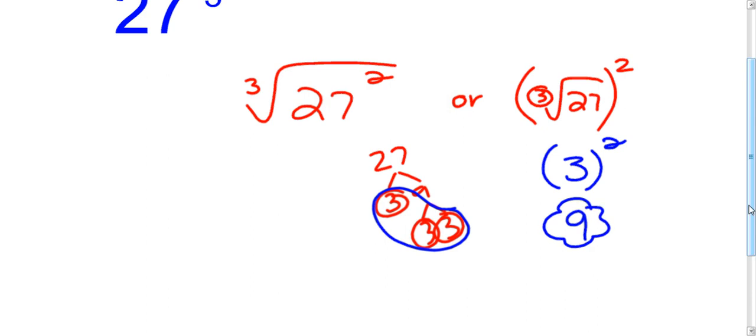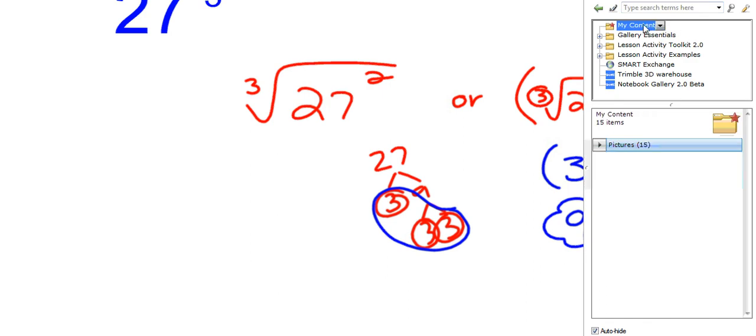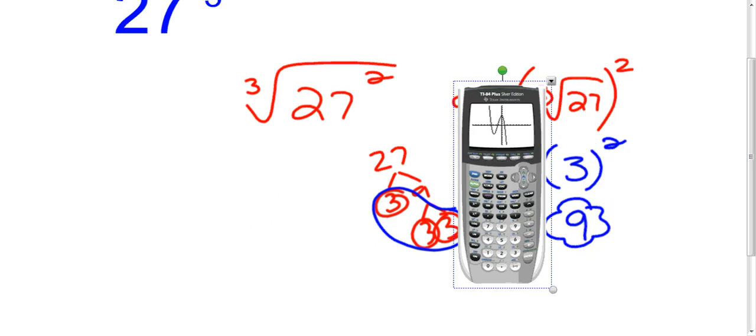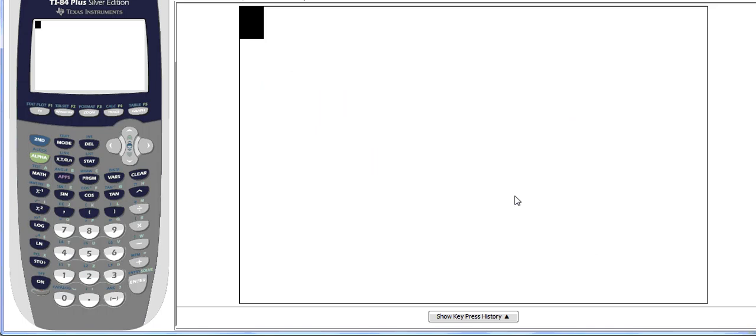Also, if you don't know what the cube root of 27 is, I will show you how to do this on your calculator here. Hopefully you know that 3 times 3 times 3 makes 27. There's some number to the 3rd power that makes 27. But if you don't, you can press the math key here.